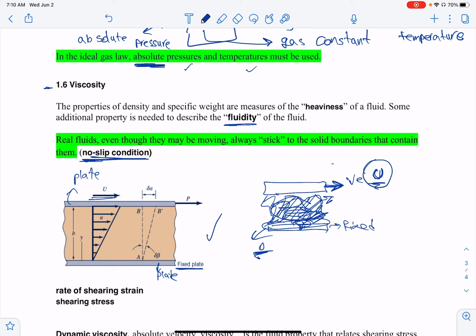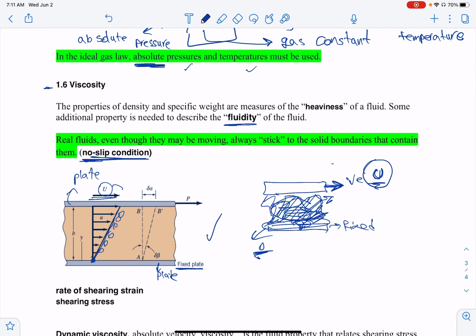They have the velocity of the solid boundaries at the boundaries. The velocity of the fluid at other locations in between just starts from 0 at the fixed plate and goes up to the maximum velocity of u.